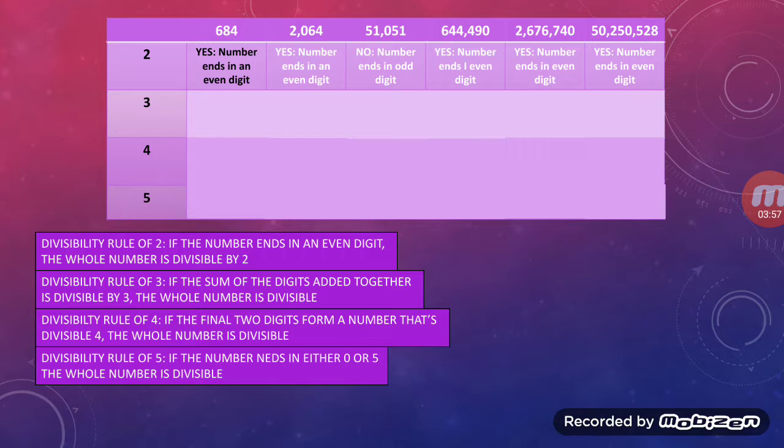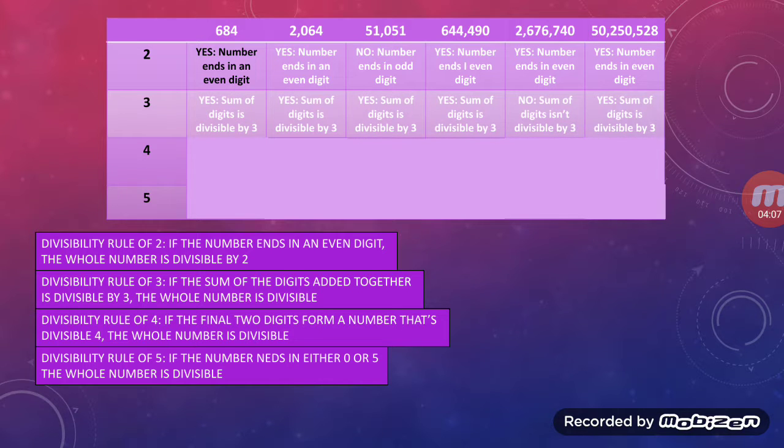And once you have the sum total of the addition, if that total is divisible by the number 3, then the original number is divisible by 3. As you can see here, most of these numbers, besides 2,676,740, are divisible by 3, because their sum totals are divisible by 3.